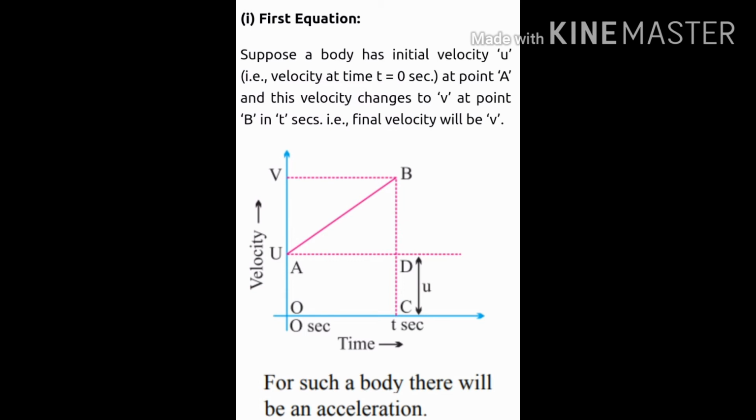The graph showed you the velocity time graph when the body was uniformly accelerated. So here we are going to check out the first graphical presentation of the first equation.